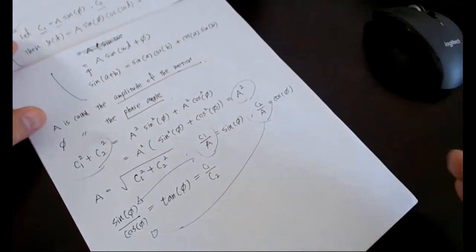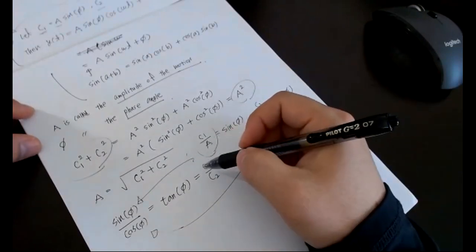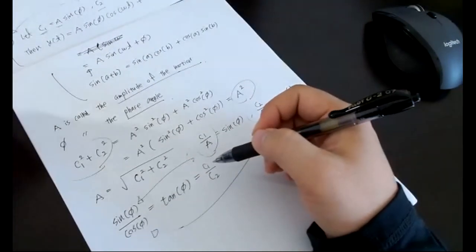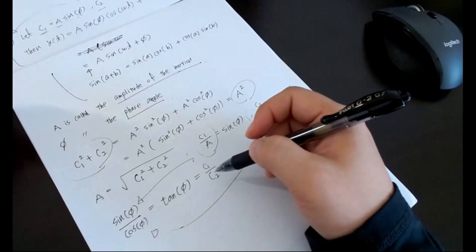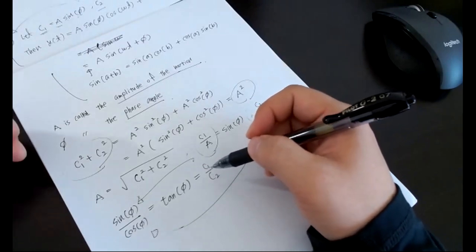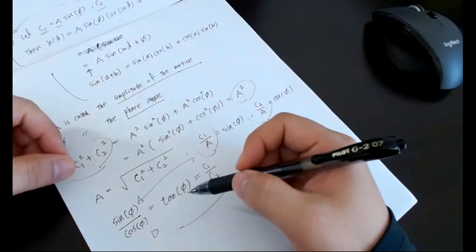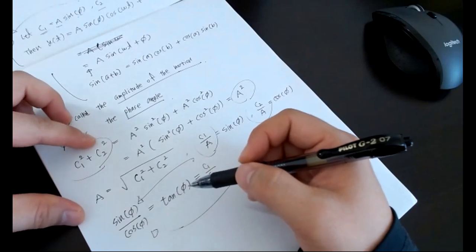Then the signs of C1 and C2 will determine the phase angle phi.